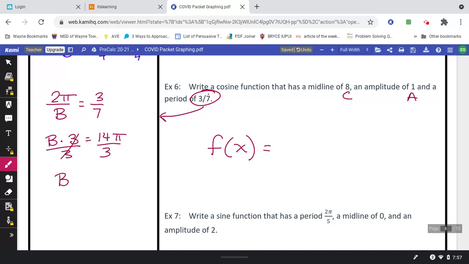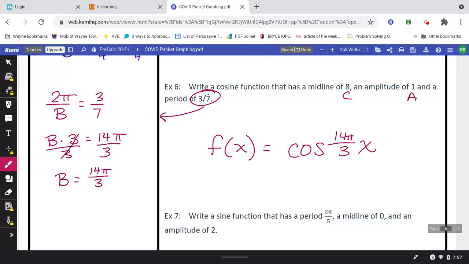All right, so for this problem, example number 6, we get b is 14 pi over 3, and 14 over 3 does not reduce, so we'll use that 14 pi over 3 as our letter b. And then this one has an amplitude of 1, so you wouldn't need to write a number in front. Cosine of b, don't forget to put the x there.